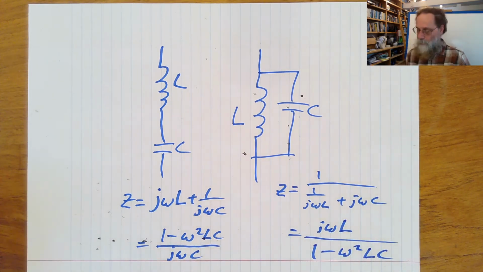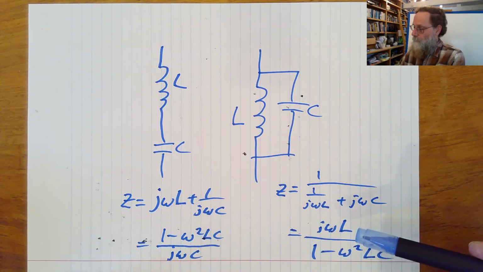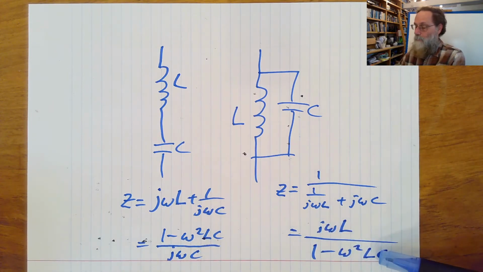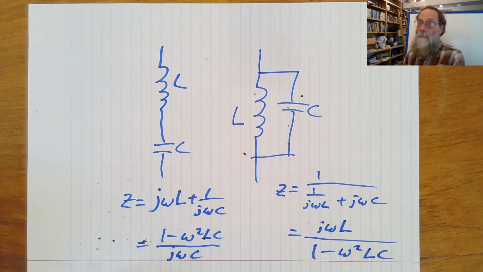Now, you may notice that in both cases here we have a purely imaginary number, because there's an imaginary divided by a real, or a real divided by an imaginary. And also we have a strange phenomenon where there's a number that goes to 0, either in the numerator or the denominator.